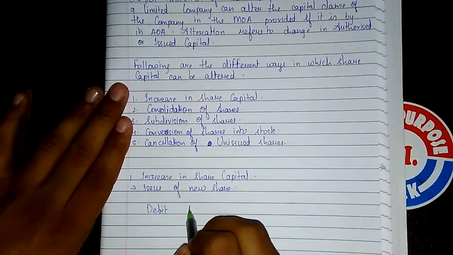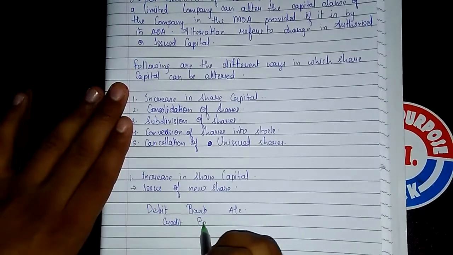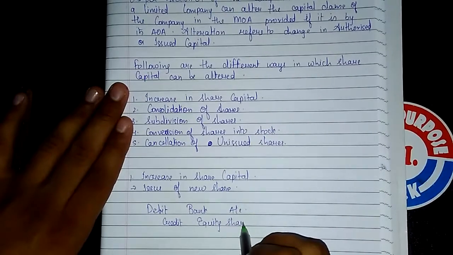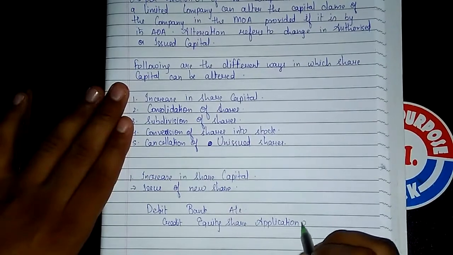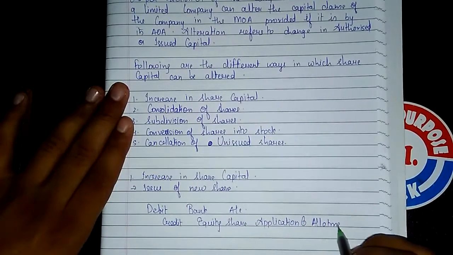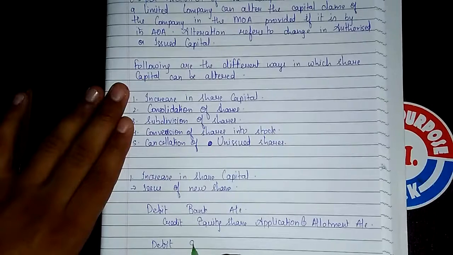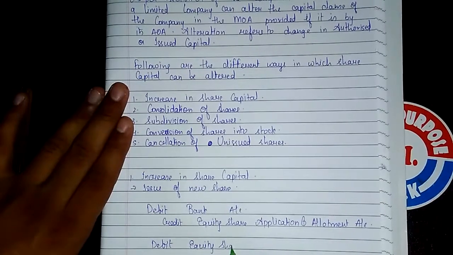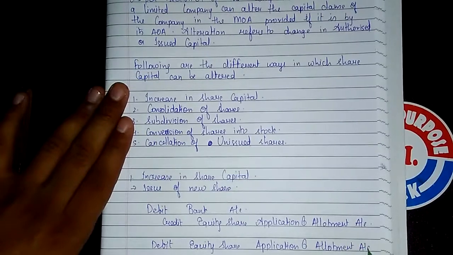Debit bank account, credit equity share application and allotment account, and then again debit equity share application and allotment account, credit equity share capital account.